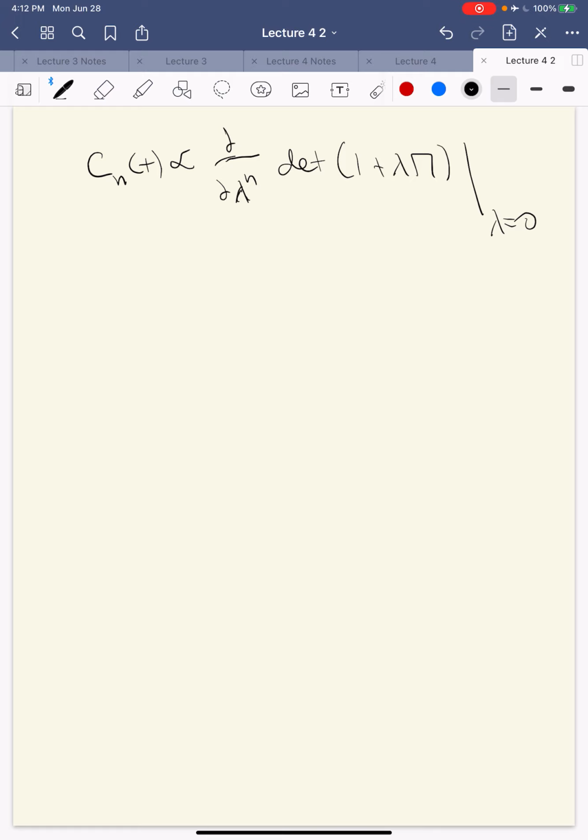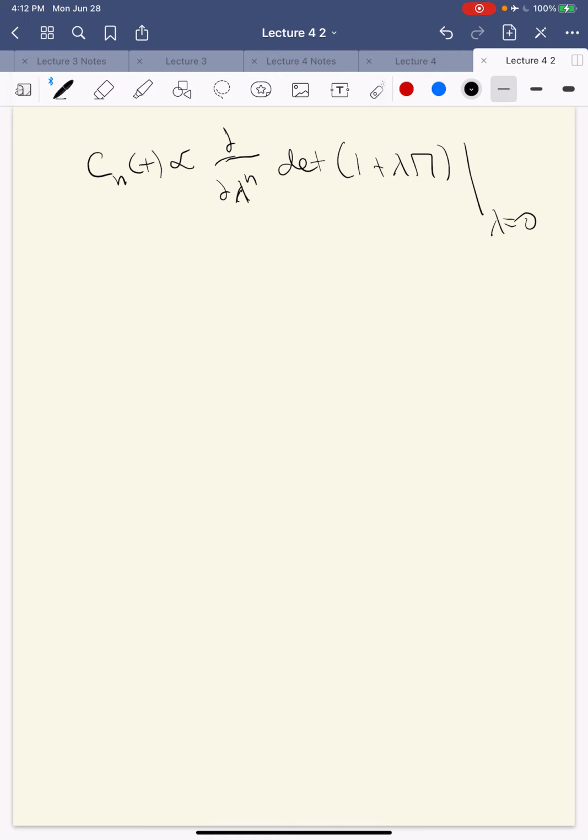Okay, great. So that's fine. I've now associated a correlation function with a determinant of a matrix. But I don't want to calculate this entire matrix computationally and then take a derivative, because that hasn't saved any time.